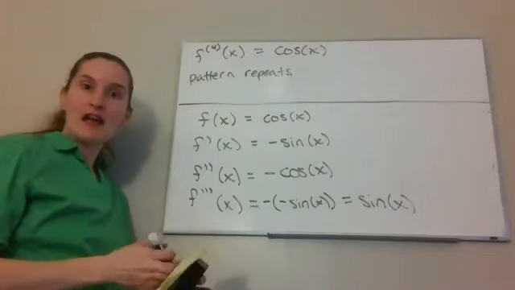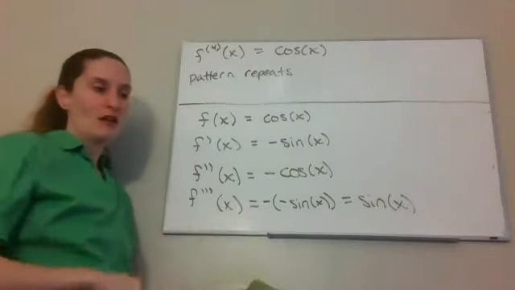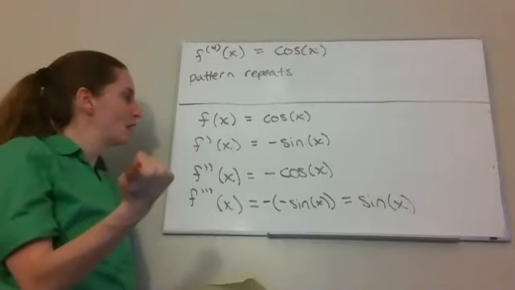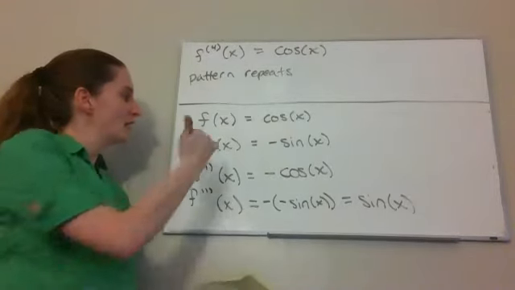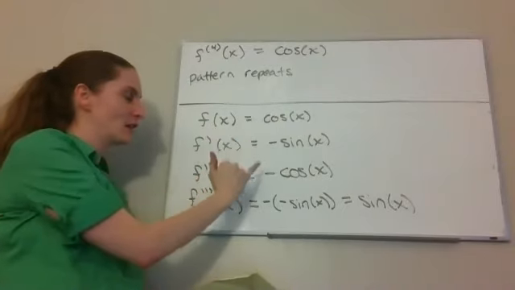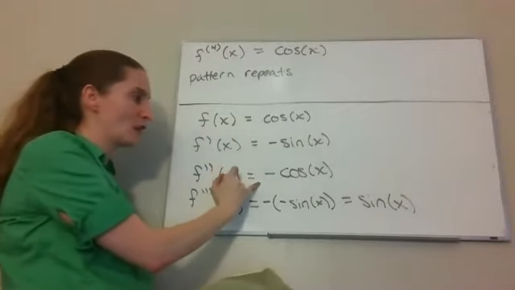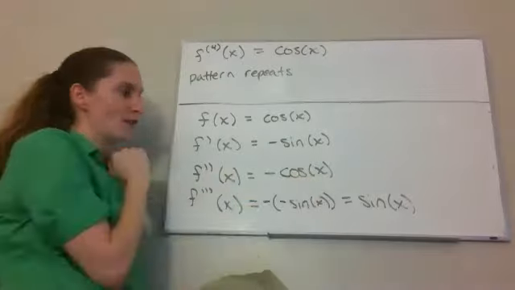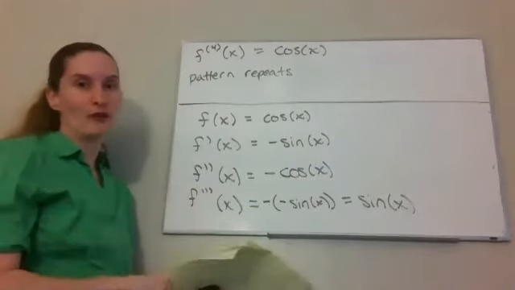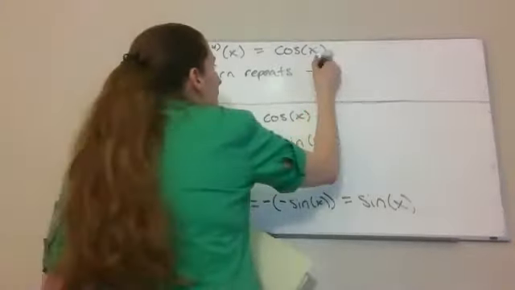So we are already at the fourth derivative. So the fifth derivative is going to put us back at negative sine. The sixth derivative will be back at negative cosine. Seventh derivative would be sine, and my eighth derivative would be cosine.